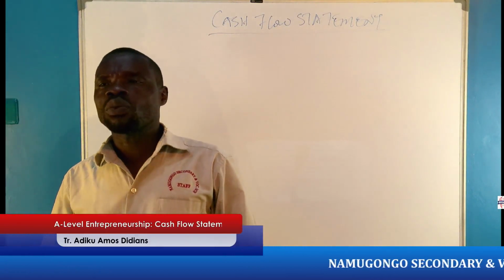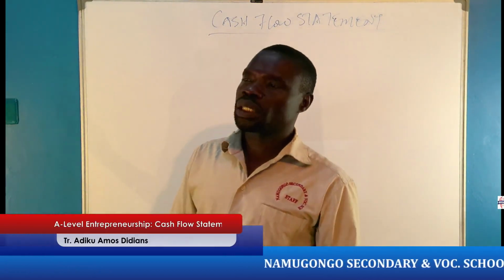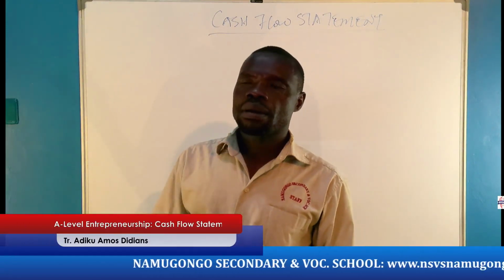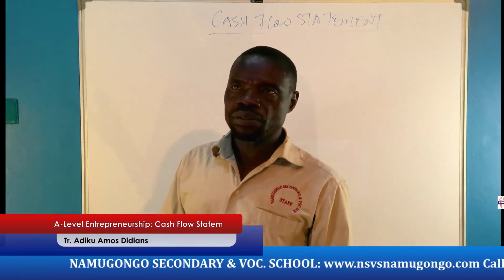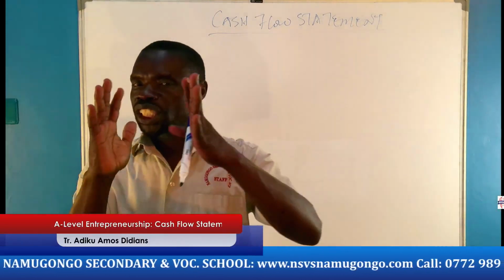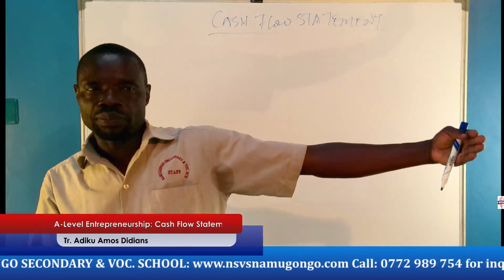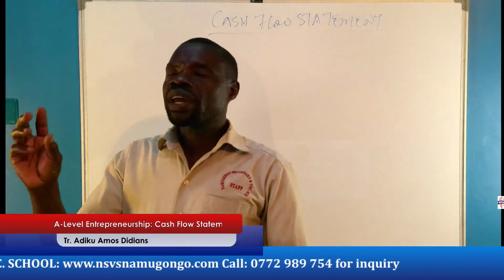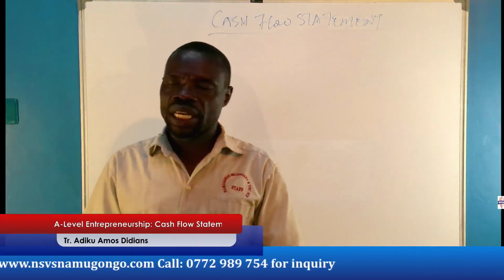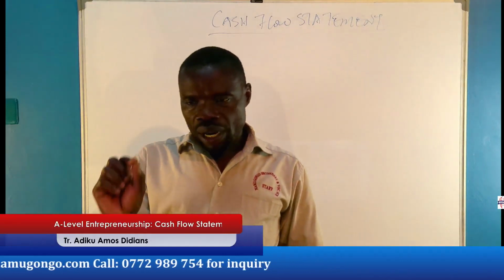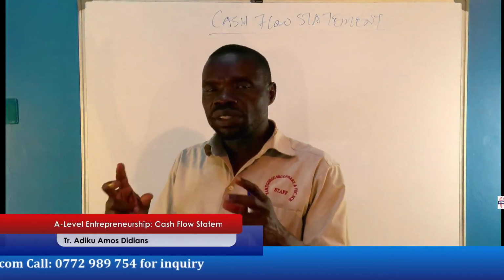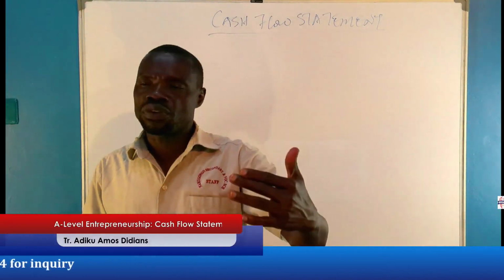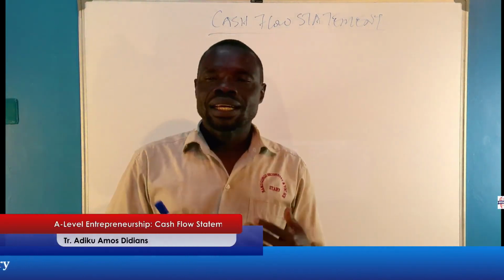Remember last time we clearly said the cash flow statement majorly has three components. We have the balance brought down from the previous period of time, how much cash was brought from the previous time to the current period. Then one of the major items which gives the true name of this topic is the cash inflows as well as cash outflows.